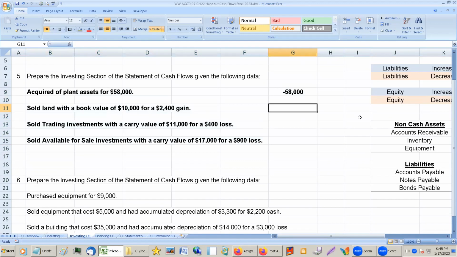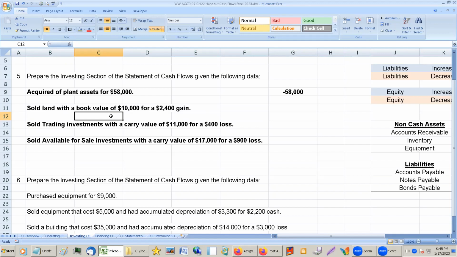Okay, so we bought assets, so assets go in the opposite direction. Okay, sold land with a book value of $10,000 for a $2,400 gain.